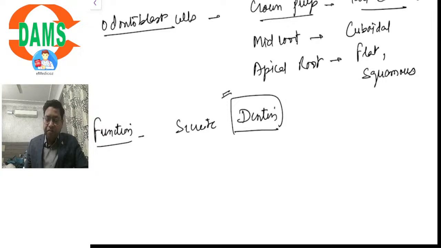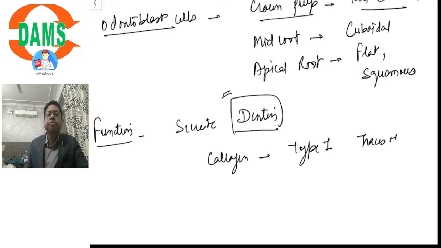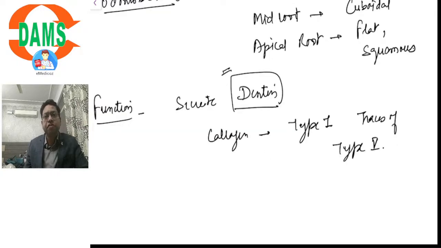They also produce collagen, which forms the organic component of the dentine, principally type 1 collagen with traces of type 5 collagen. Principally, they would produce type 1 collagen. Only type 5 collagen is produced in subtle amounts.